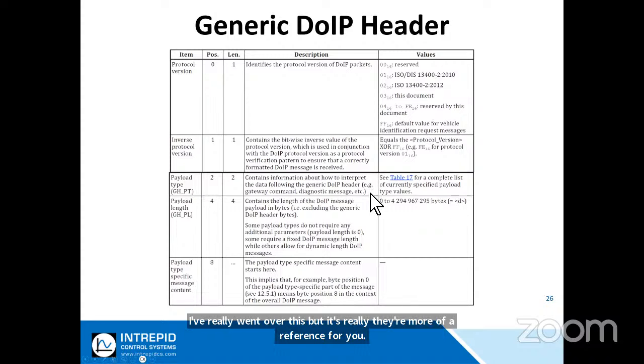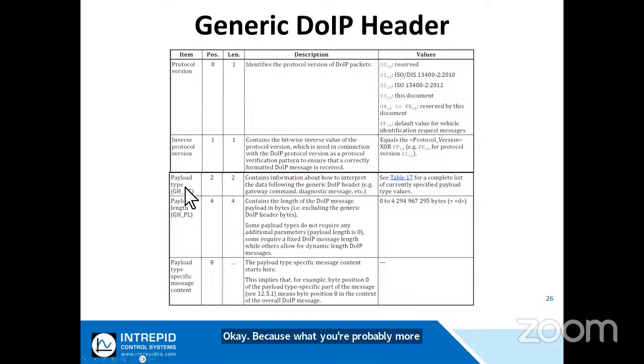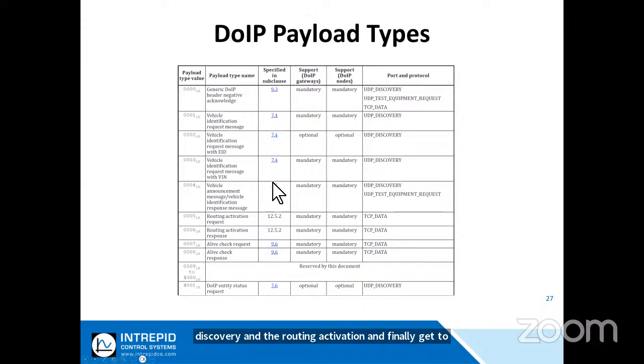Because what you're probably more interested in is how do I determine the payload type? So we can finally get to doing the discovery and the routing activation, and finally get to doing some actual DoIP stuff. The payload types are those 2 bytes.